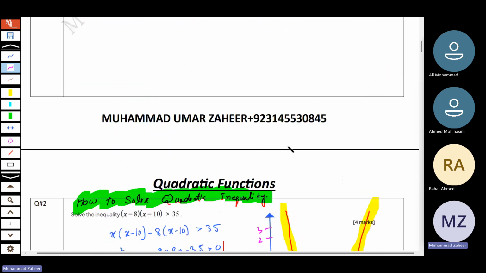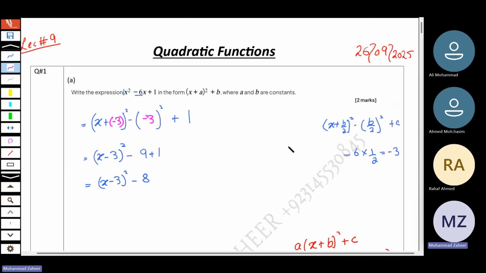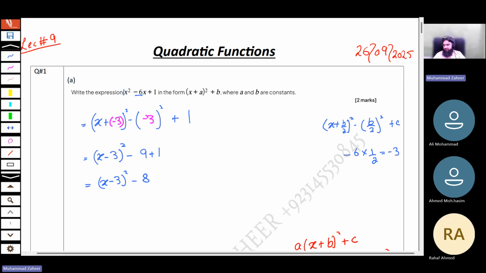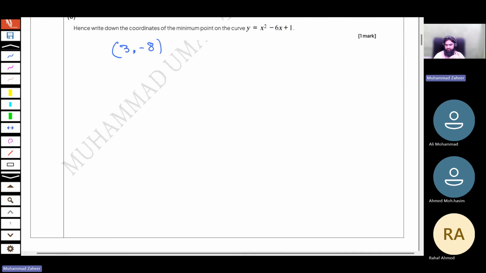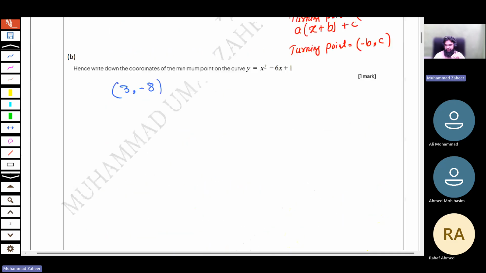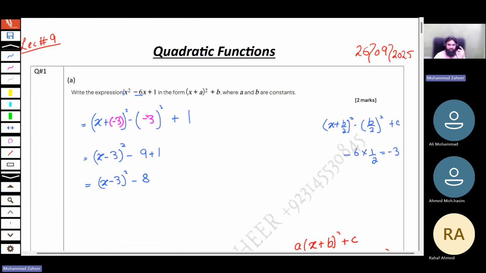All right. In today's class, we are going to learn how to solve quadratic inequalities. We already know, and we have done a practice session on, how to write an equation or expression in completing square form and find the turning point and minimum point. So in today's class we are going to cover two things.